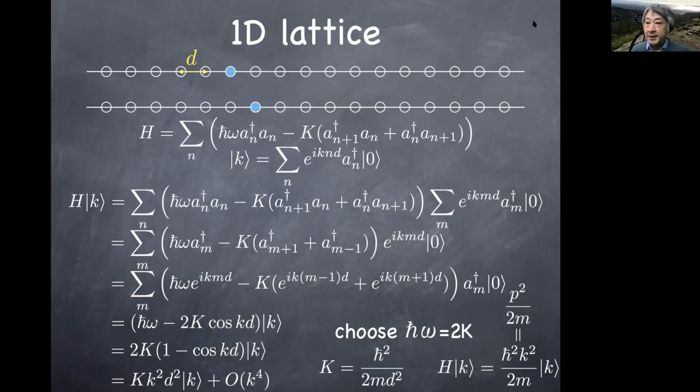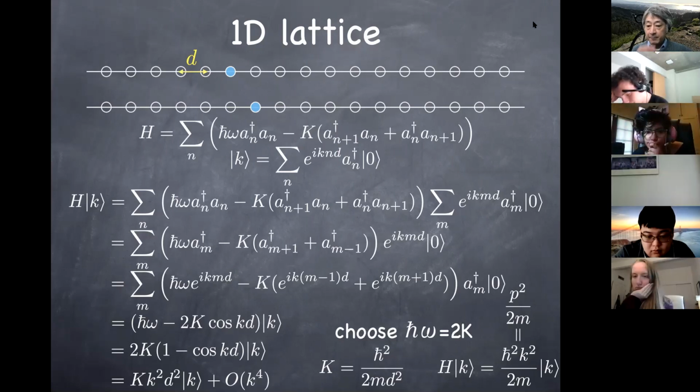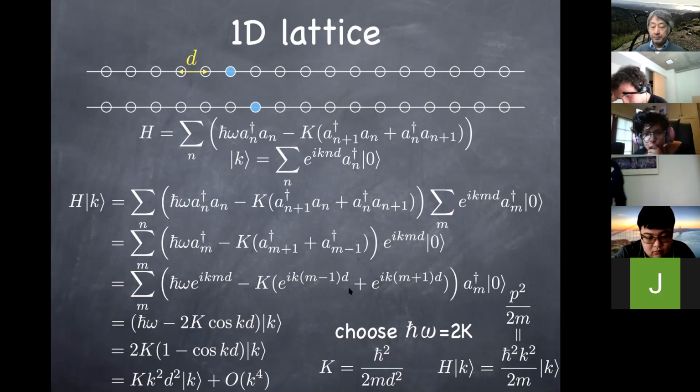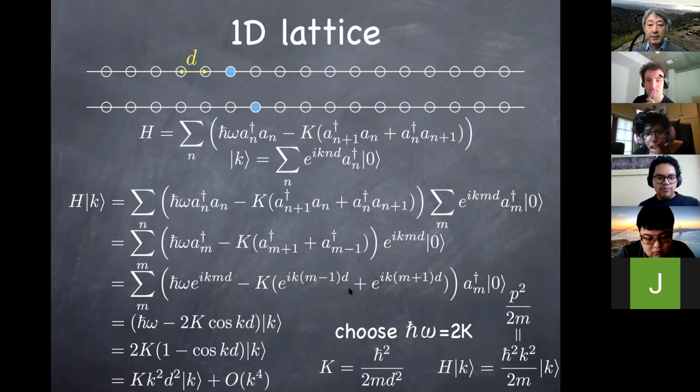Any further questions? Professor? Yes. From line 2 to 3, when we play around with the index m, that's only possible because the summation is from negative infinity to infinity, right? Yeah, that's an excellent point too.